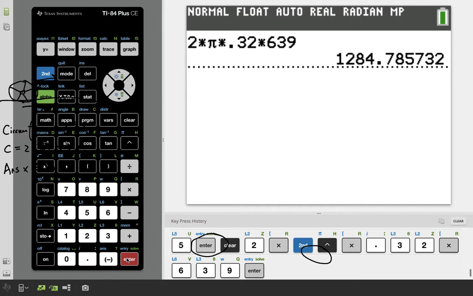Now it said to the nearest metre was the answer. So 1284, but to the nearest metre, that's going to have to be rounded up because I've got a 0.7. Remember, if it's 0.5 or higher, you round up.